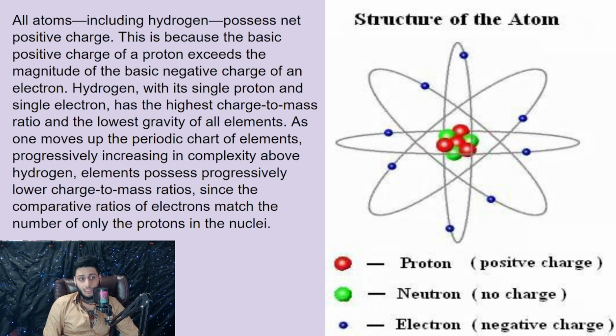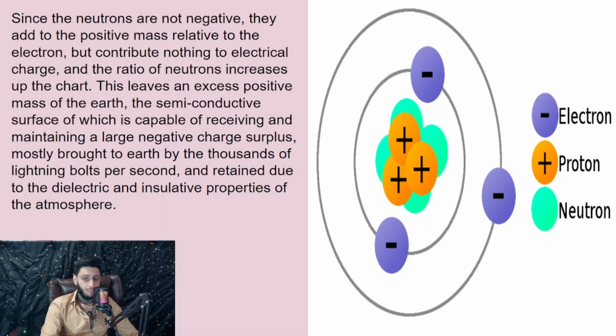As one moves up the periodic chart of elements, progressively increasing in complexity above hydrogen, elements possess progressively lower charge to mass ratios, since the number of electrons matches only the number of protons in the nuclei.